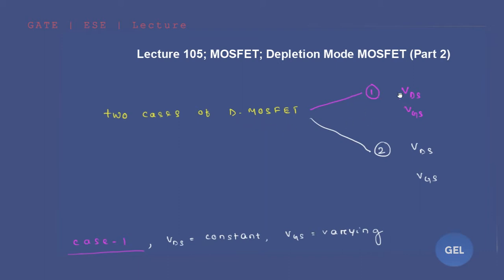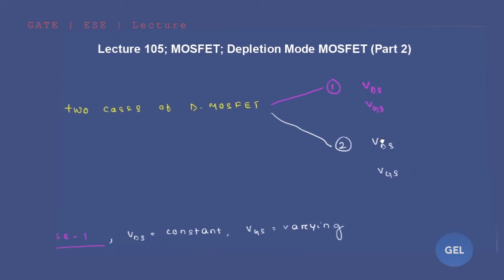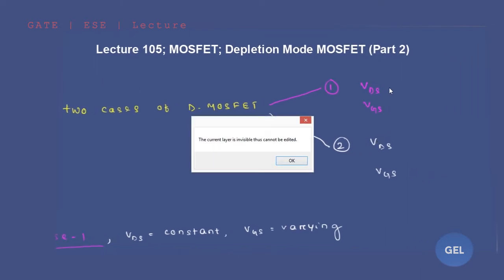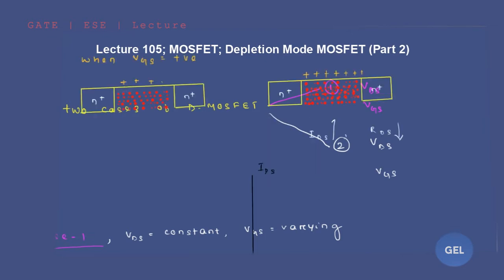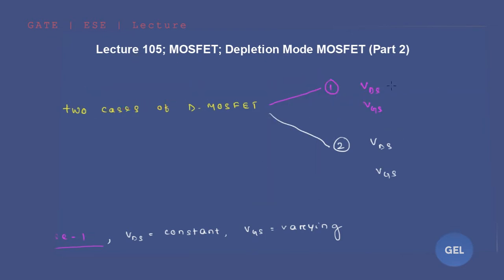In the first case, our output voltage is going to be fixed at some value and you are going to vary the input voltage. But in the second case, you're going to vary your output voltage, keeping your input voltage constant.